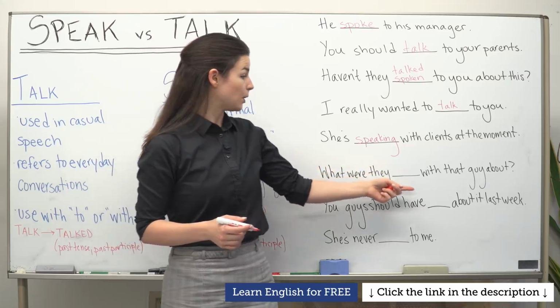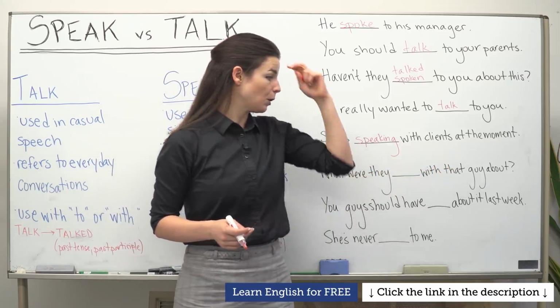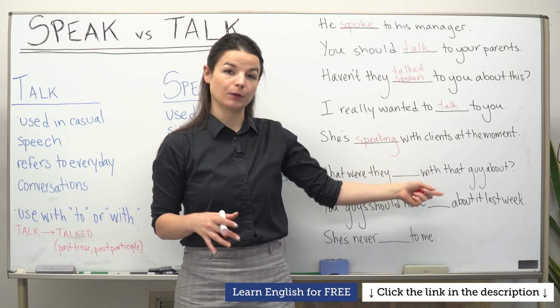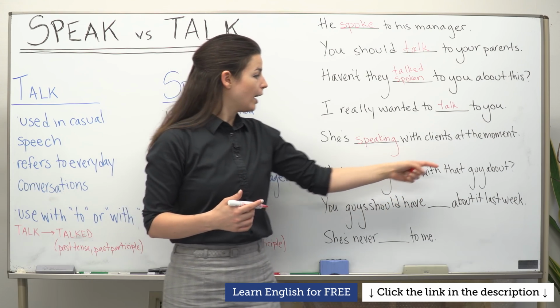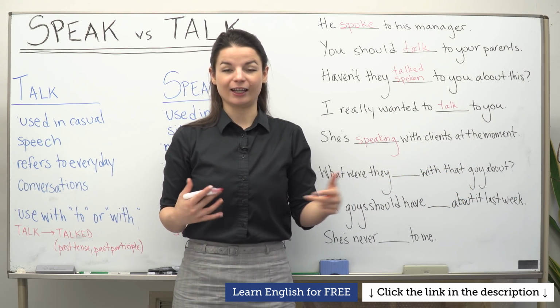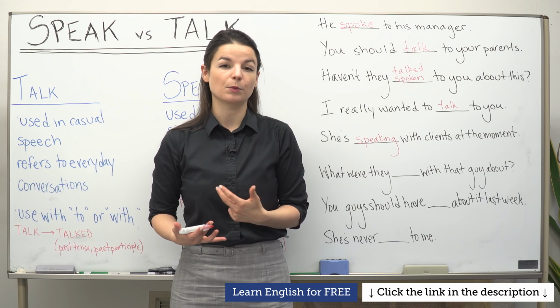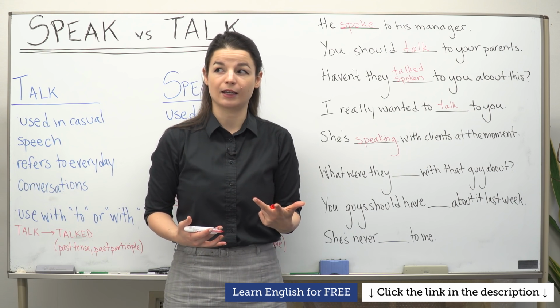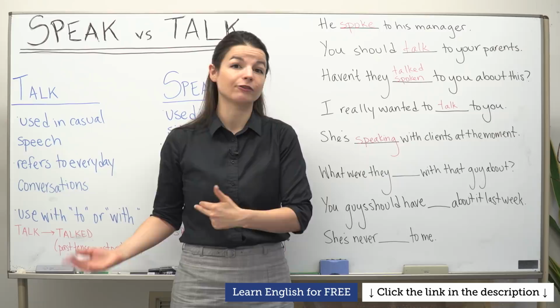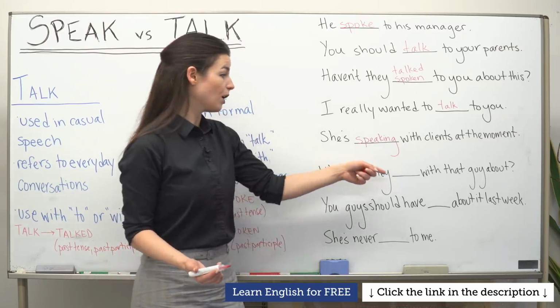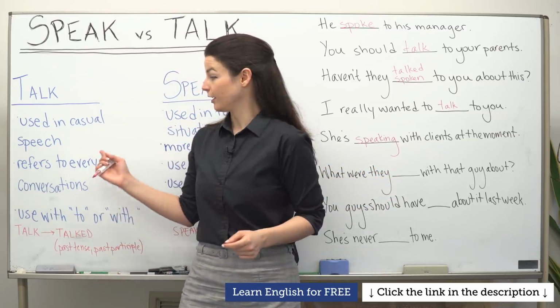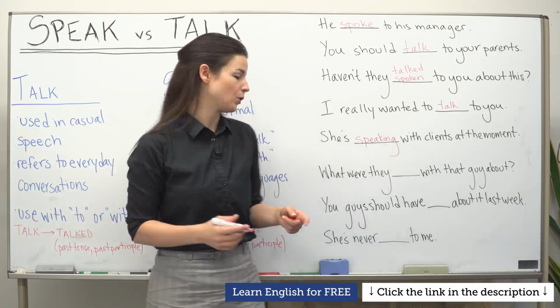Okay, let's look at the next sentence then. What were they, blah, blah, blah, with that guy about? Okay, so here I've used with, again, we can use to or with, but I've included guy as a hint word here. Guy sounds a little bit more casual. We use guy in maybe more casual discussions, everyday discussions. So we probably want to use talk in this case, a more casual choice.